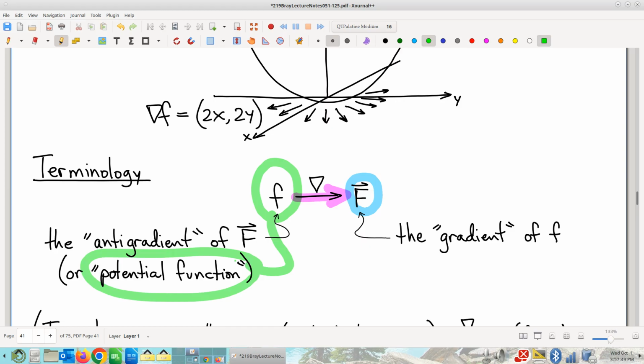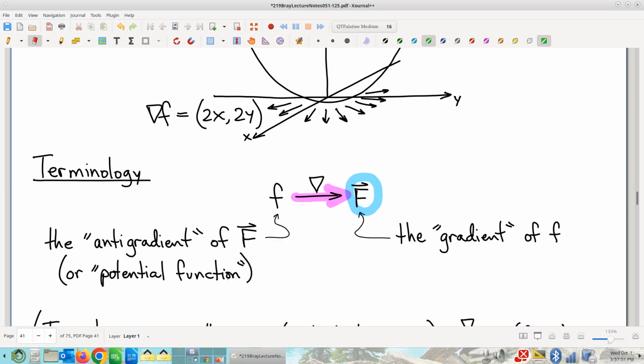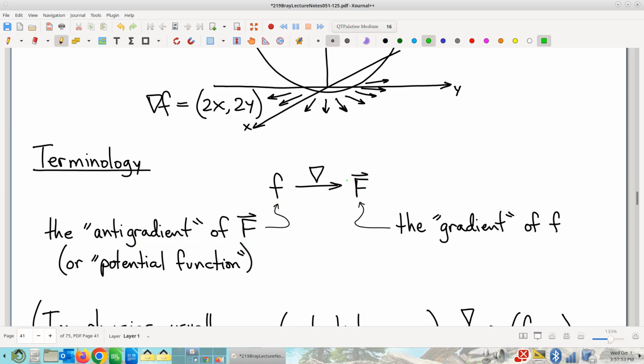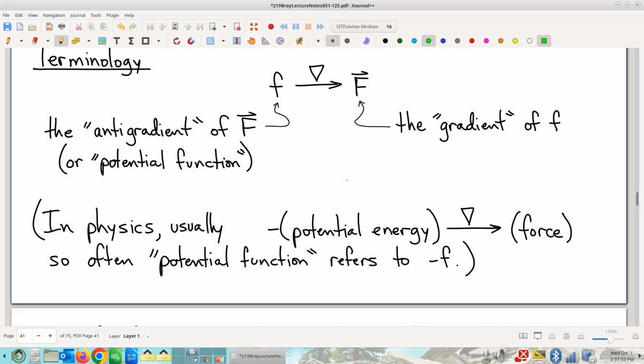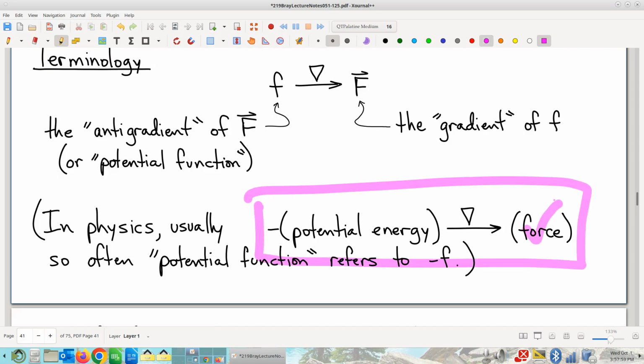It's not as self-explanatory as to why they call it that. The reason they call it a potential function is because of this reality right here: if you were looking at a force, and you want to understand that force as being a gradient of something, potential energy is closely related to what that anti-gradient is.